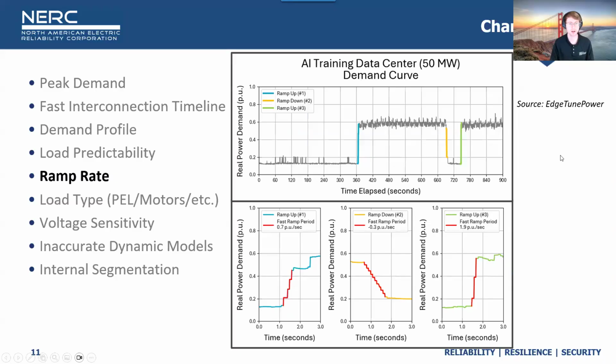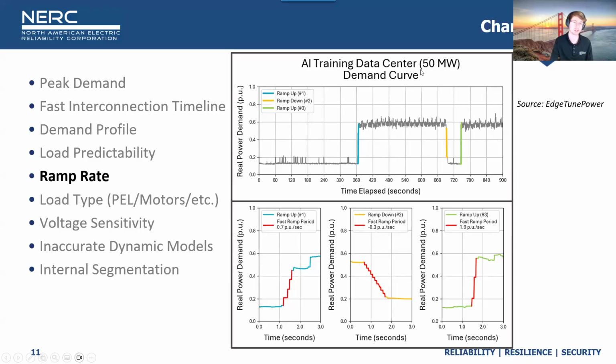Another thing is ramp rate. So this is sourced from EdgeTune Power. This is specifically an AI training data center, and this shows a few of the fast ramps up and down. You can see they started a training run somewhere around the 300-second mark, and they very rapidly ramped up, as we're seeing a ramp of about 0.7 per unit per second.